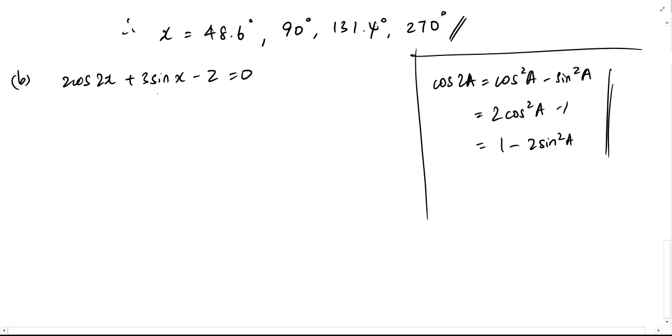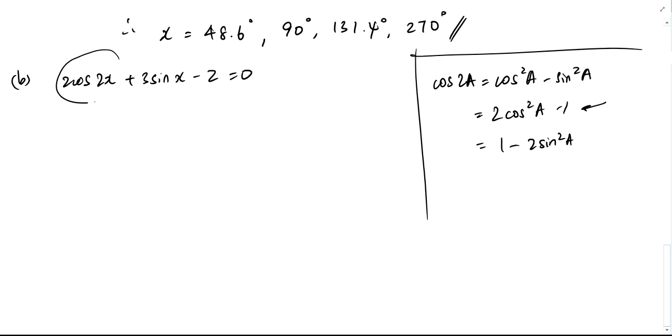We see that the equation also has a sine x and a constant. So if I were to use option number 1, I will get a cosine square and a sine square. The cosine square does nothing to help me. It only complicates things further. The sine square is fine, because with a sine square and a sine over here and a constant, it becomes a quadratic equation.